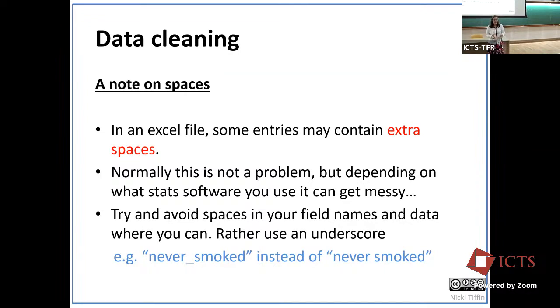And then the other thing that I find when people enter data in spreadsheets, they often put spaces in the field names instead of an underscore or joining. Personally, I don't like camel case, where you use a combination of capitals, so if your variable was never smoked, camel case would be a capital N, e-v-e-r, and then a capital S, m-o-k-e-d.